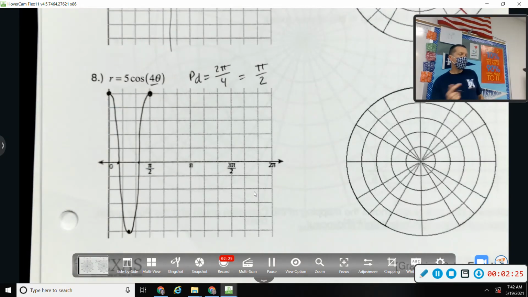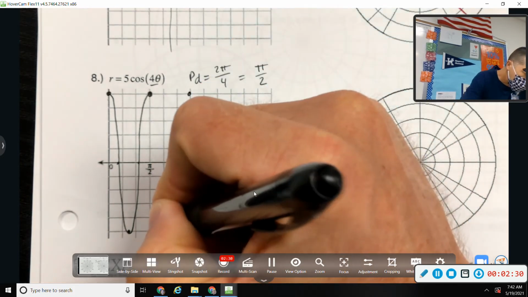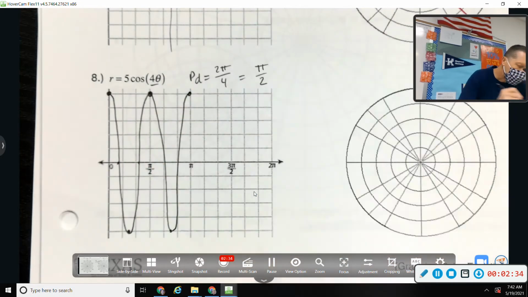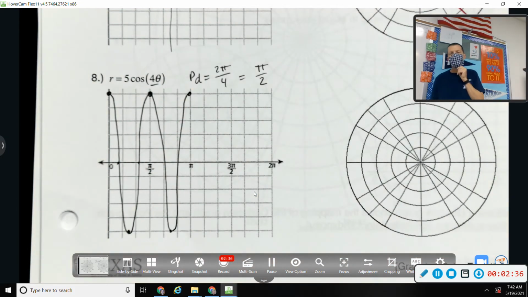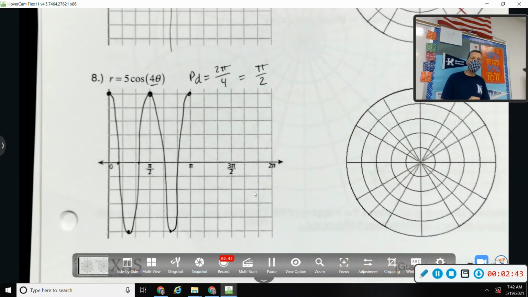And even when we did these, we usually wanted 2 cycles. So there's 2 cycles. But that's not enough for my r theta graph, because I need to get all the way to 2 pi.